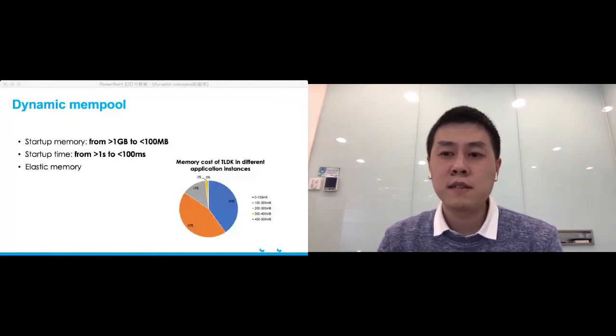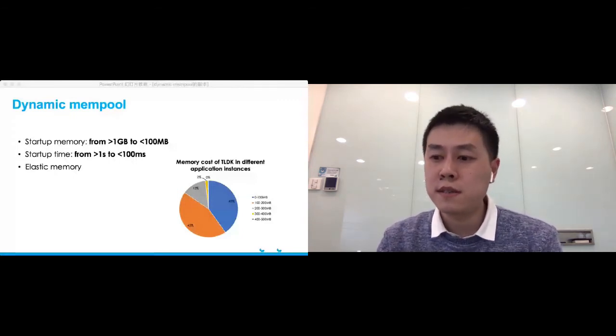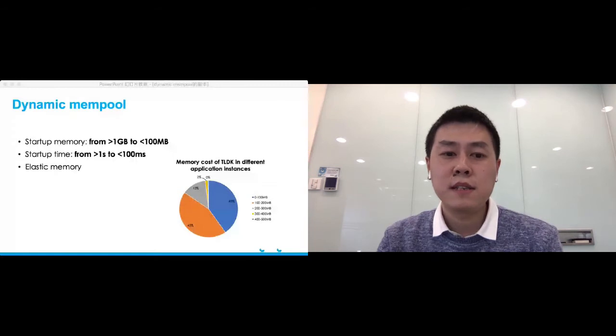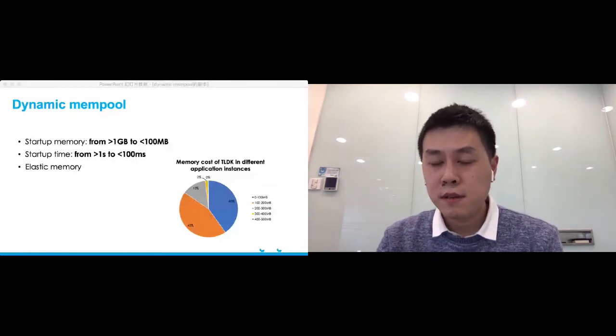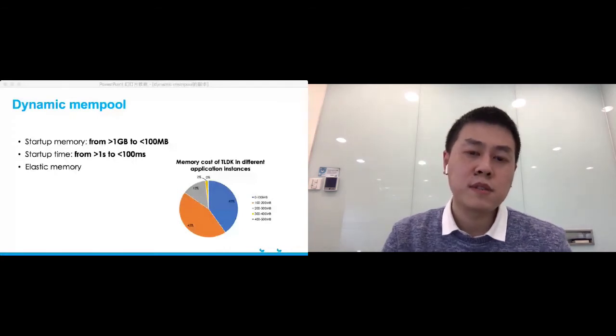We also collected statistics of the memory cost of DPDK v2 stacks in real online applications, and we found 85% of application instances only use less than 200 megabytes of memory, and only 2% of instances use more than 400 megabytes. Without dynamic mempool, we have to allocate at least 500 megabytes for each instance. Dynamic mempool could save at least half of memory consumption.